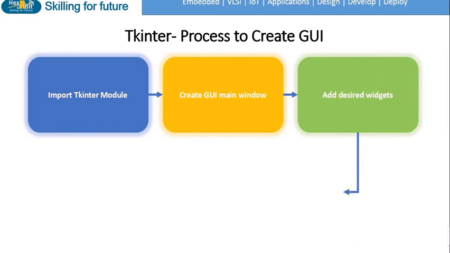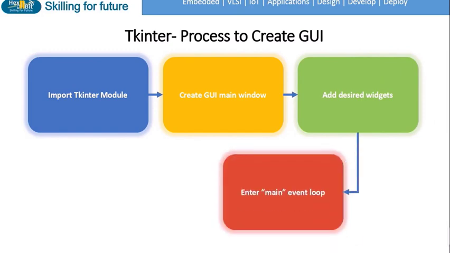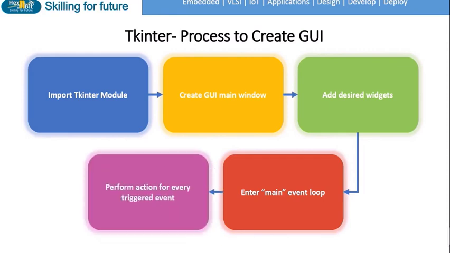Following this, we enter the main event loop. This loop basically checks for any events happening like a key press or button press. Upon a trigger event like a key press or button press, our code performs a dedicated action like displaying a message, closing the GUI and so on.